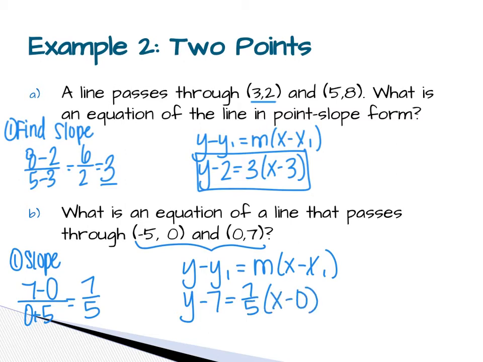And that's your final answer. You can simplify the x minus 0 and make it y minus 7 equals 7/5 x, because the 0 is not necessarily going to do anything.